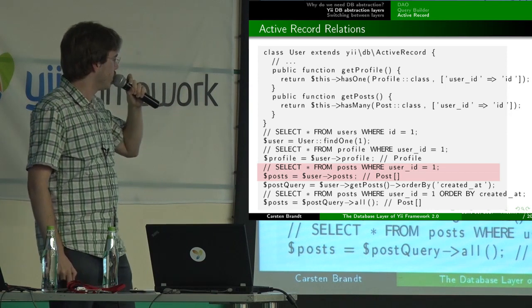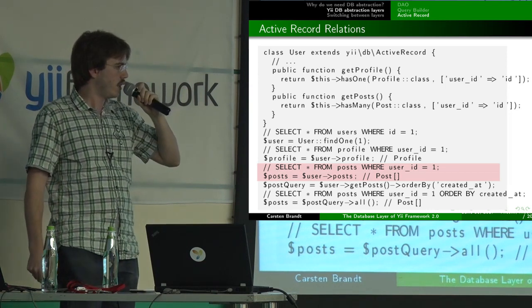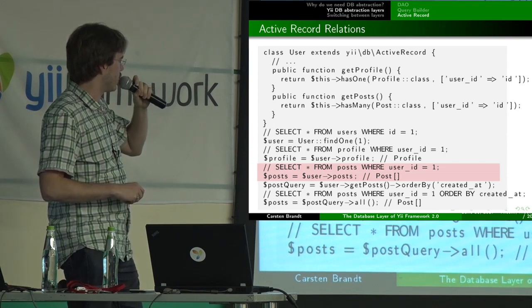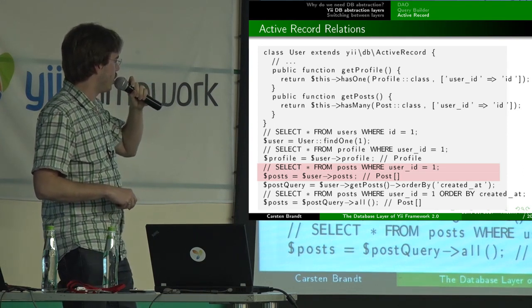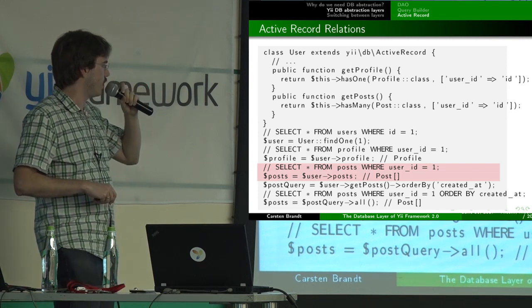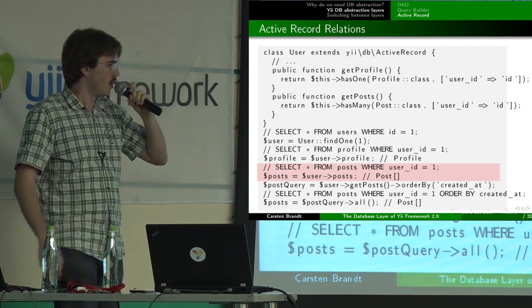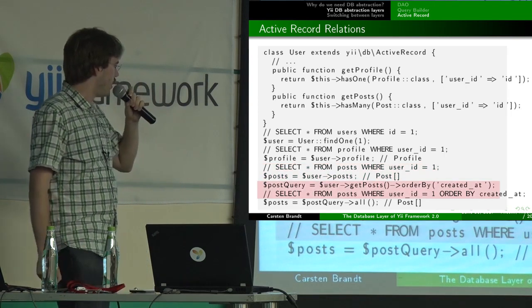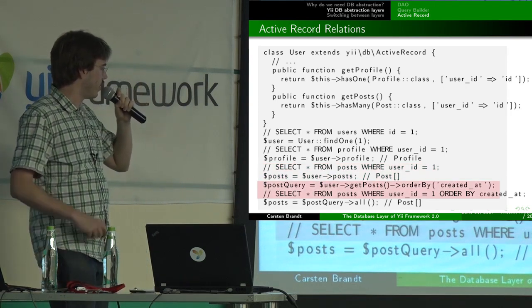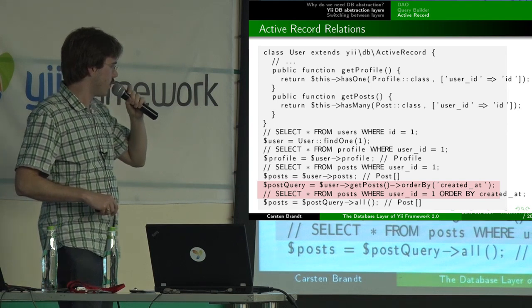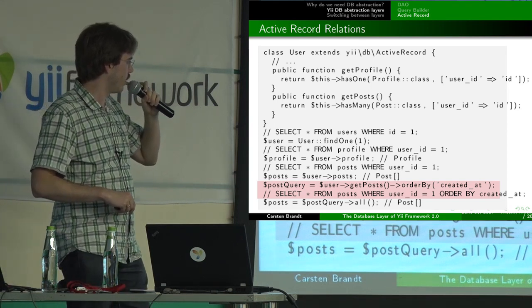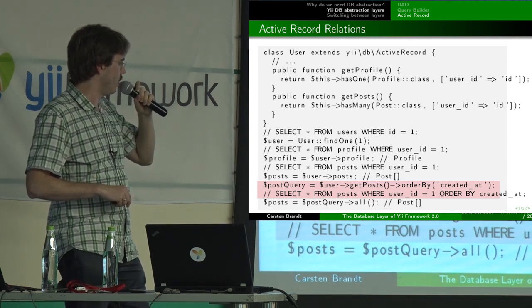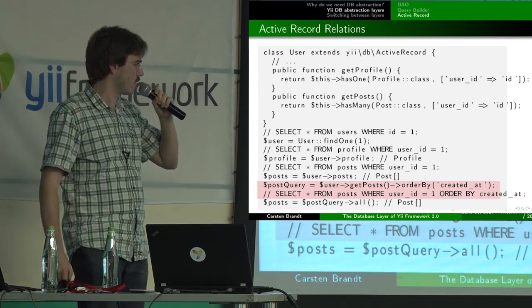There's a little difference between relational getters and normal getters, because this method returns a query in this case, but if we call it like this, we directly get the result of the query execution. And we can also use it to customize the relational query, so we call the getter directly without the magic we have with normal getters.